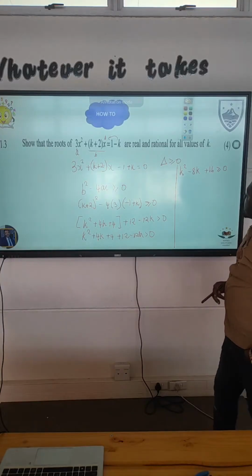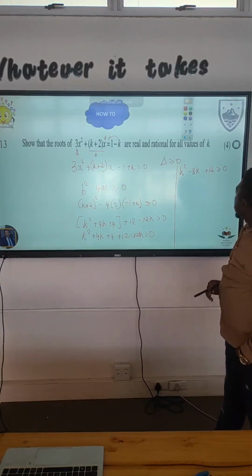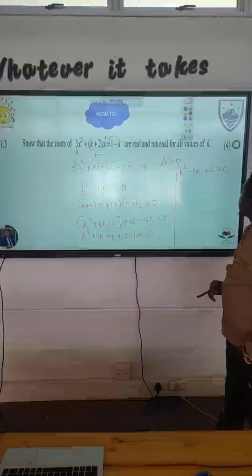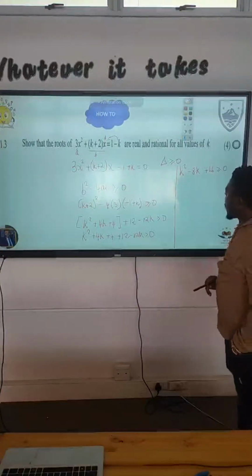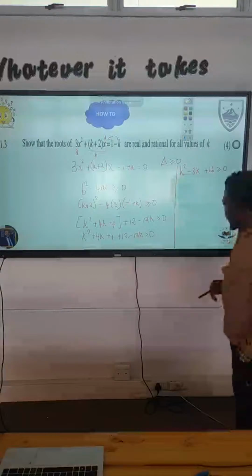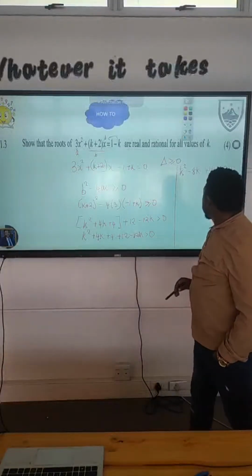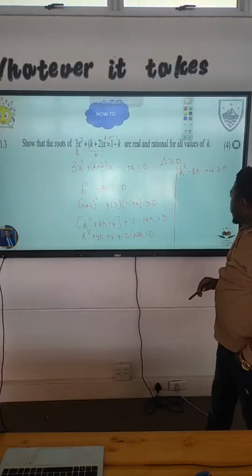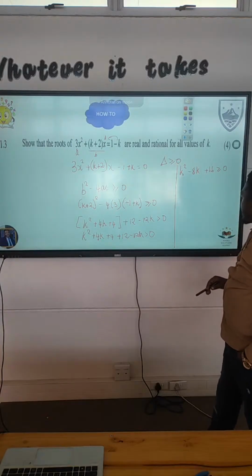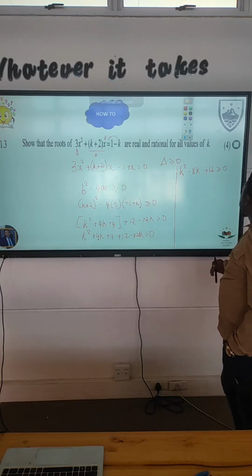And then we have to go and find the factors of 16 that multiply together. Let's check if everything is fine. We have 4k, negative 16, negative 8k. Good, we are fine.